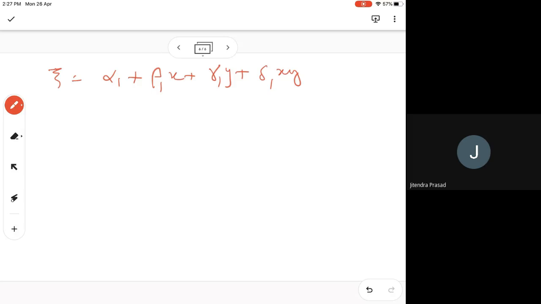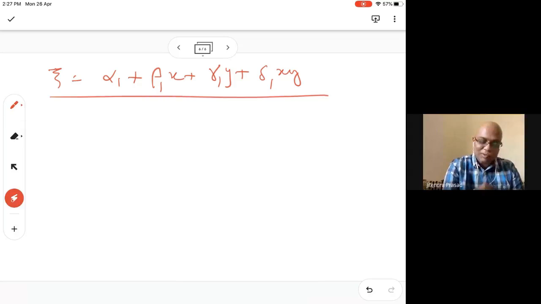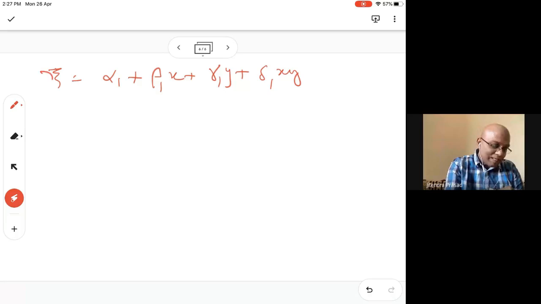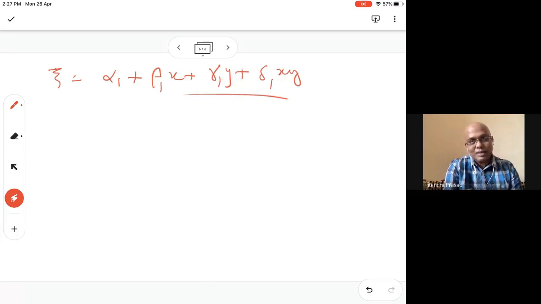I'm trying to explain that this way also is true. If we have x and y here and you have xi and eta, now the inverse is also true, where you can write xi here and you will have xy also. It is true both ways.